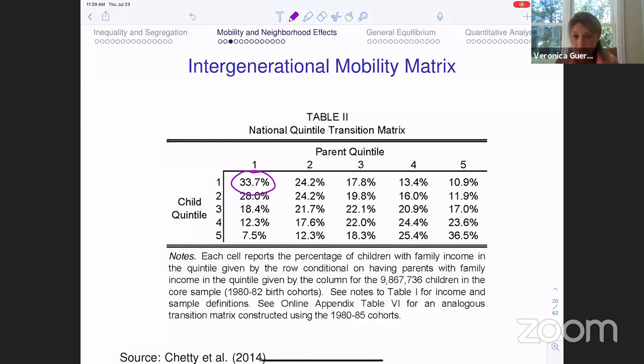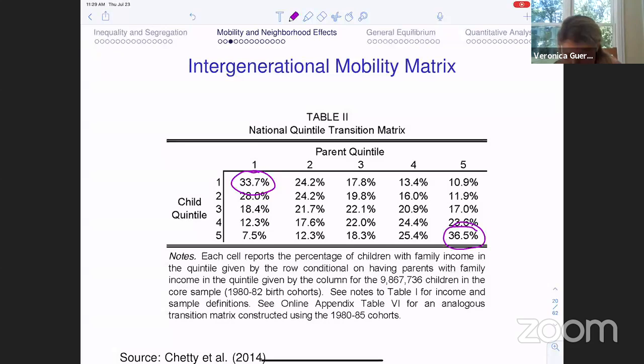the top quadrant on the left, 1-1. It means what is the probability that a child is in the first quintile of the distribution if the parents were in the first quintile of the distribution when they were primary earner in the family.